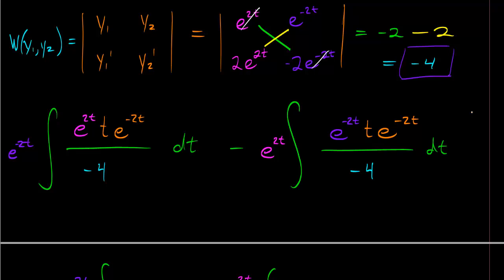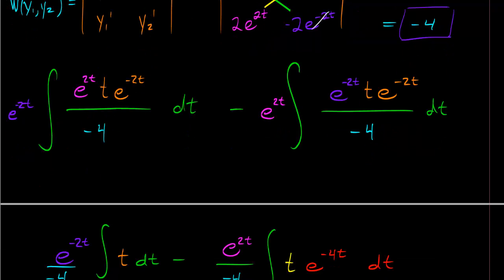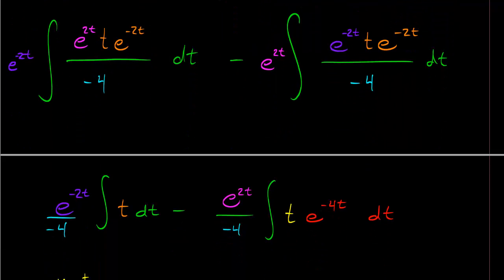And from here, it's just simplification and a little bit of calculus too. So I've simplified down here a little bit. Notice that e to the 2t times e to the negative 2t, that's equal to 1. And we can take this negative 4 and bring it to the outside of our integral.